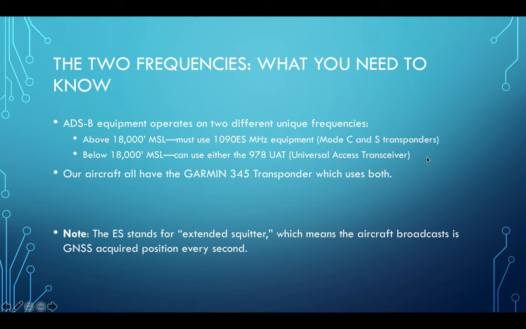You're never going to be in a situation where you wouldn't be able to receive other aircraft's data or transmit to ATC, because it works on both. That's essentially what you need to know: there are two different frequencies, here's what they are, generally this is where you're supposed to use them, and the aircraft we have with the Garmin 345 can use both of them.